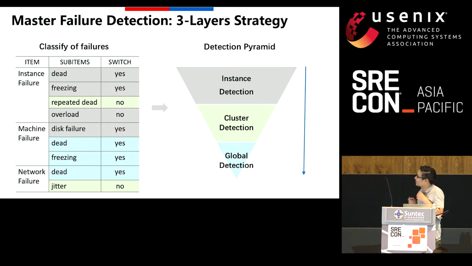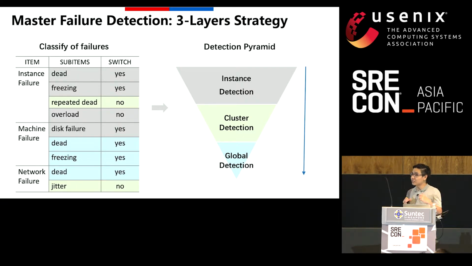Okay, so let's look at our solution. Look at the left table. We classify the failures into 3 types: instance failure, machine failure, and network failure. The instance failure and the machine disk failure can be detected by the local agent, which we call the instance detection. The agent reports the key status of MySQL and the machine to the leader.